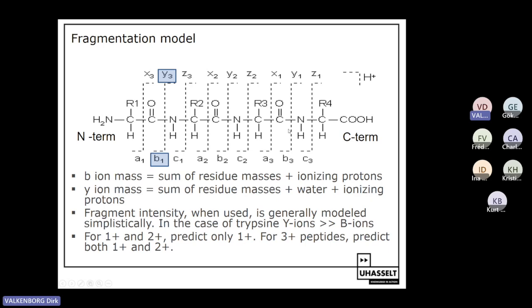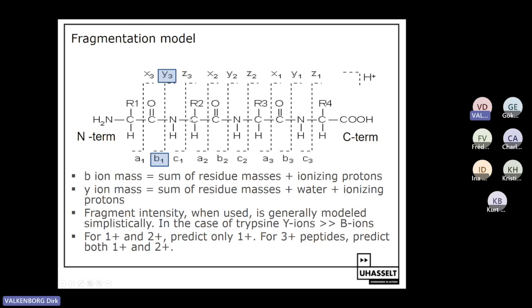So if we fragment this peptide 1,000 times, then a few times this peptide bond will be broken. Another time this peptide bond will be broken, and yet another event this peptide bond will be broken. So hopefully we will see a nice sequence of masses from which we can then derive the amino acids.